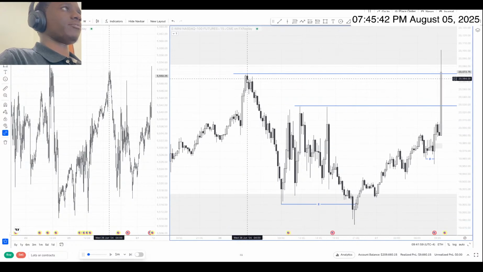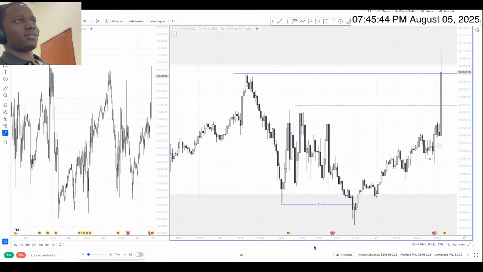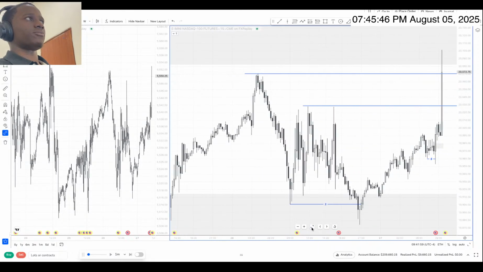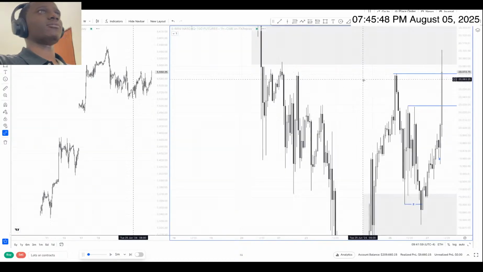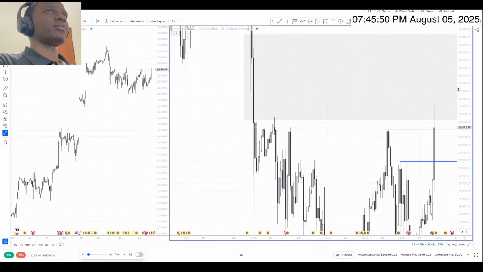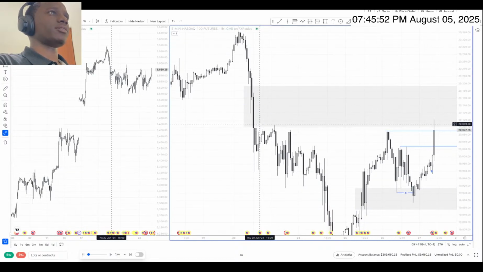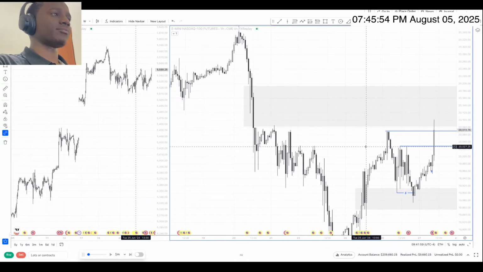So here we've taken out this high as well. We've already pushed into the 4-hour fair value gap, this one right here, and we've taken out the highs resting there.